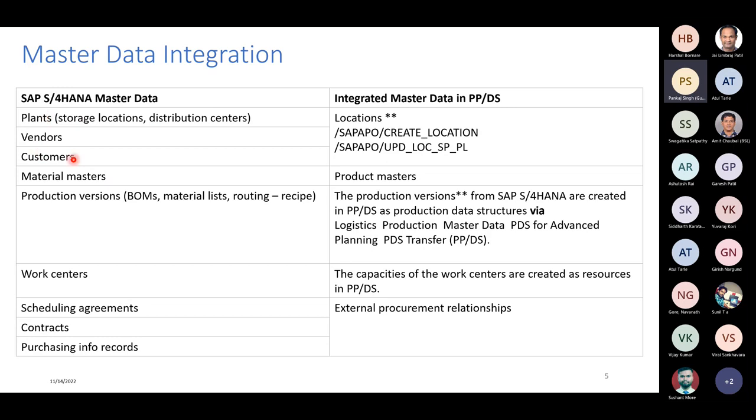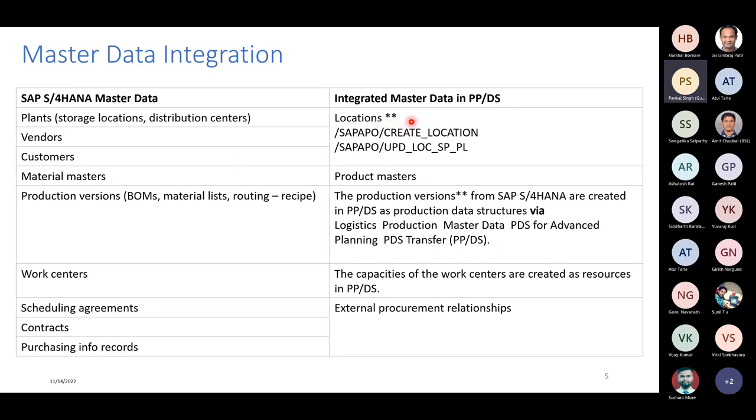These are the entities which, when we shift across to PPDS, are called location. All of them create a master data in PPDS, which is known as location.